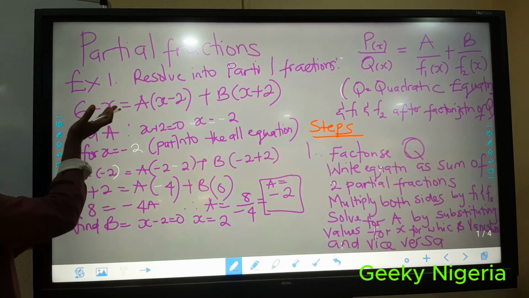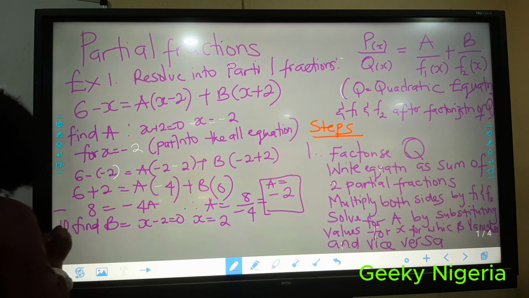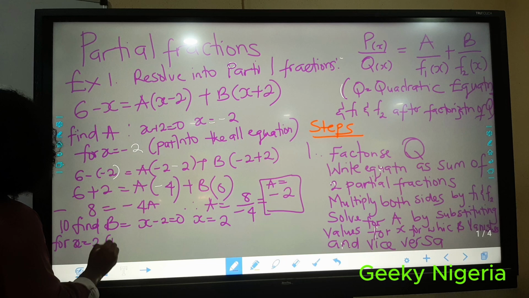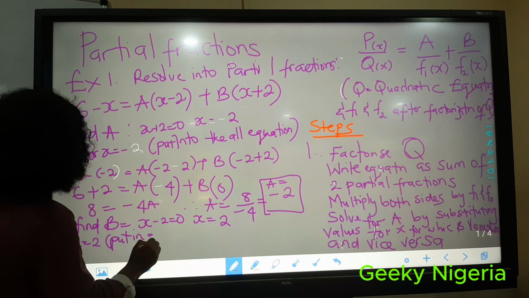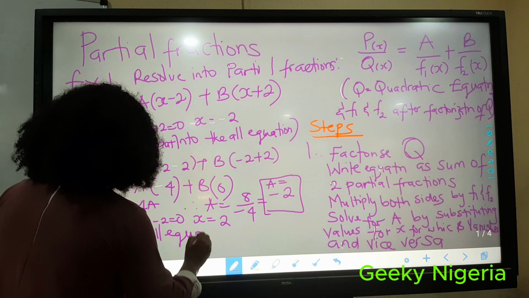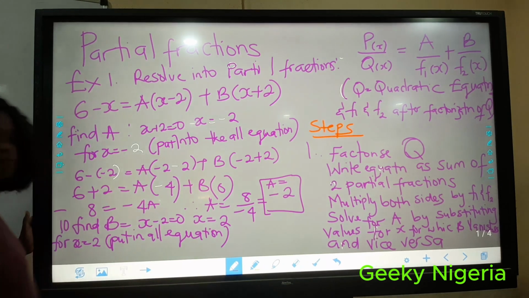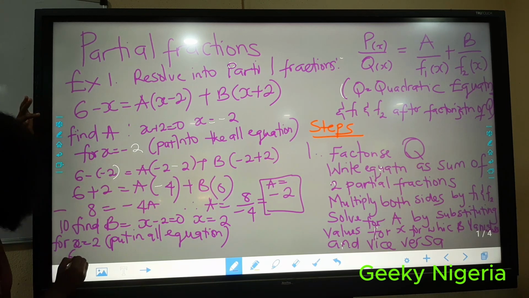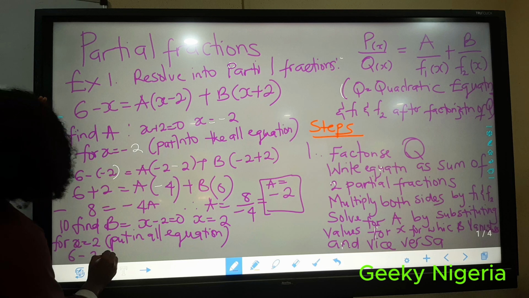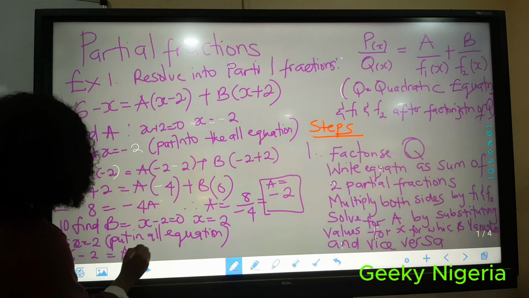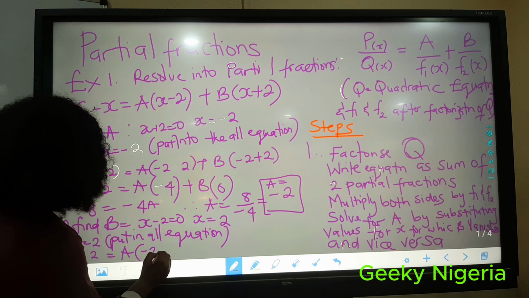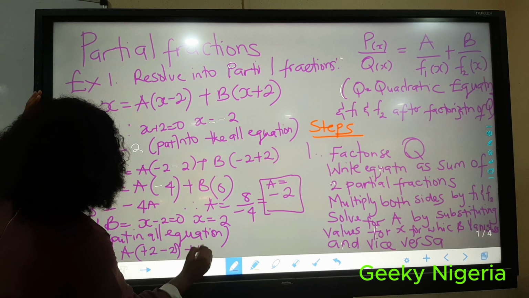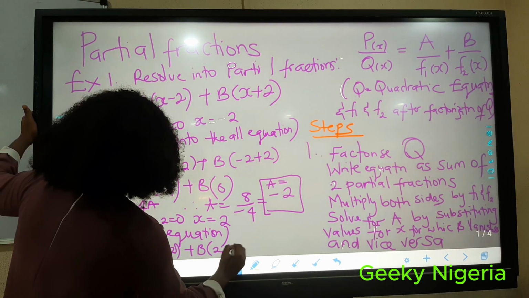Similar process, we substitute into the initial equation. So that means for x equal to 2, put into the whole equation, right? So what are we going to be having? Bring this one here. Having 6 minus 2, right? Is equal to A into (2 minus 2) plus B into (2 plus 2).